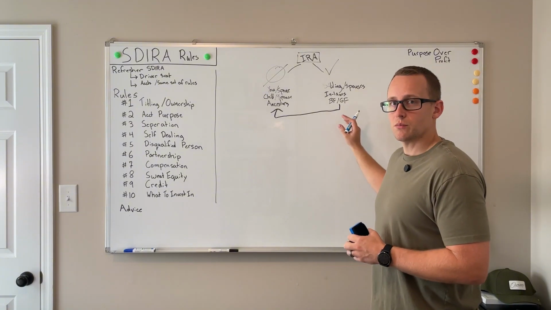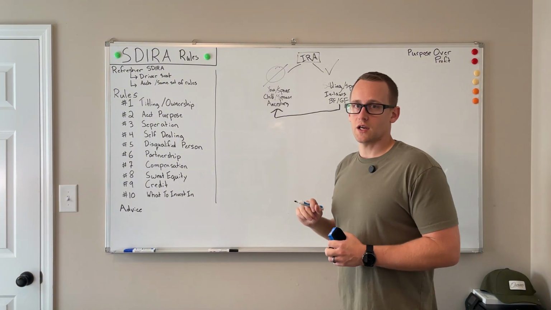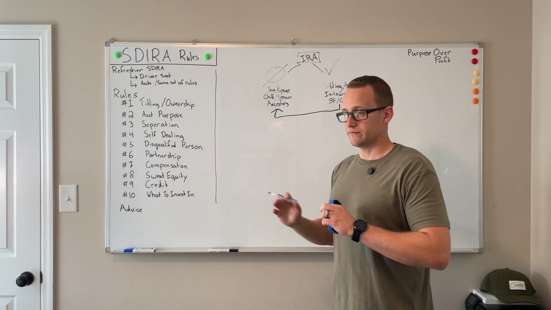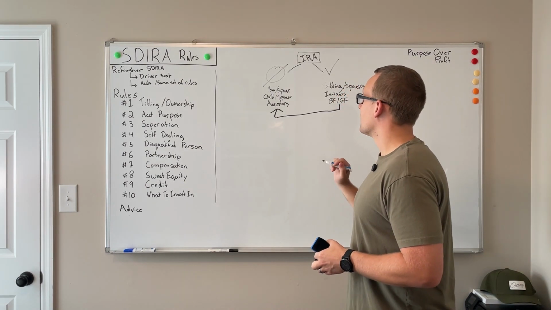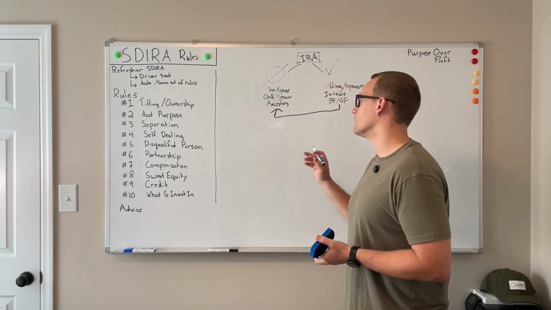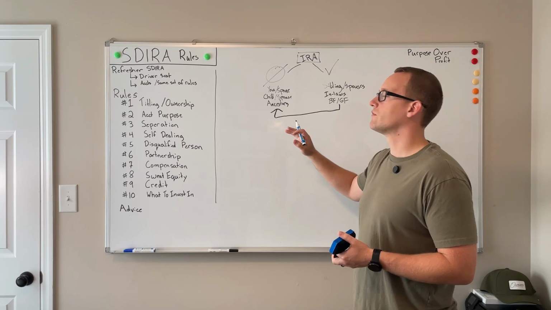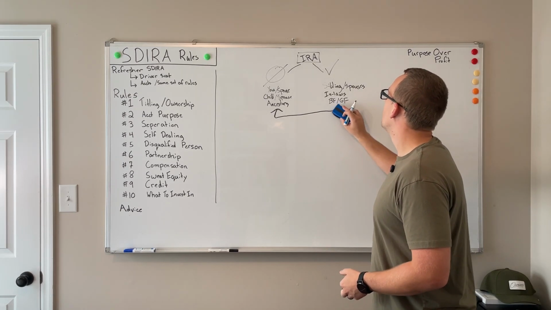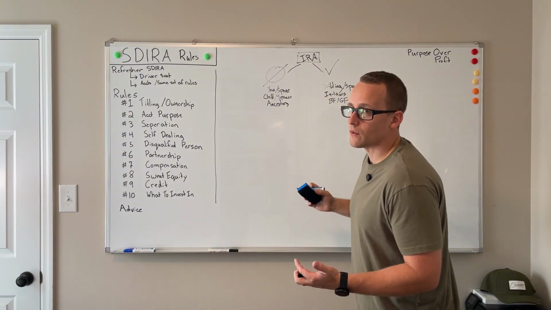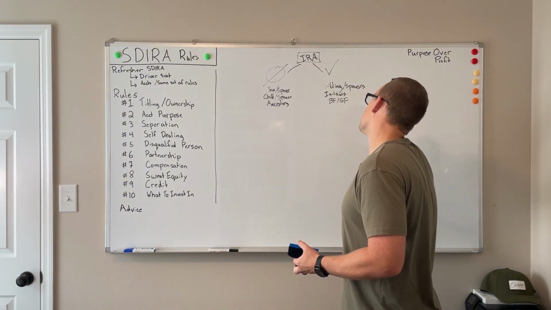Whatever your partnership was before, you now cannot change. If you were a 60-40 split, nothing can change. You can't buy each other out. You can't do any of that. And if you want to get out of the account, you both have to sell. So it just makes it more restrictive, and it's not ideal. I wouldn't really suggest this. Again, you can do whatever you want, assess your own risk.